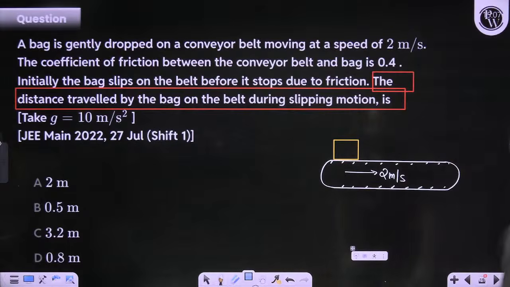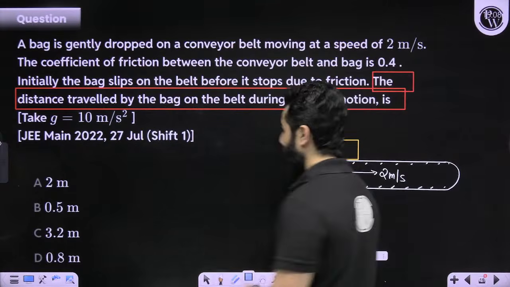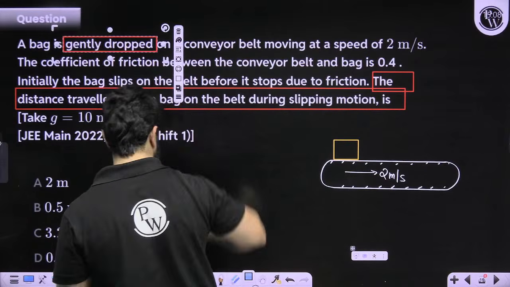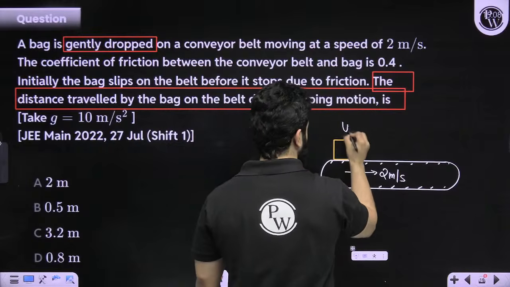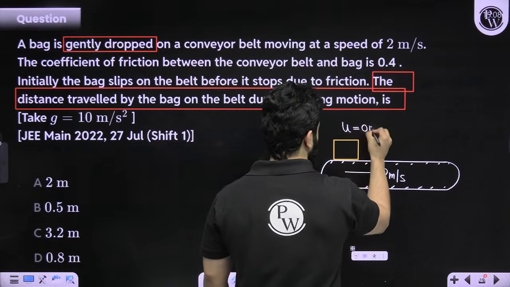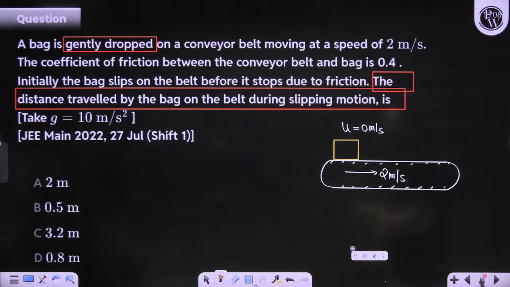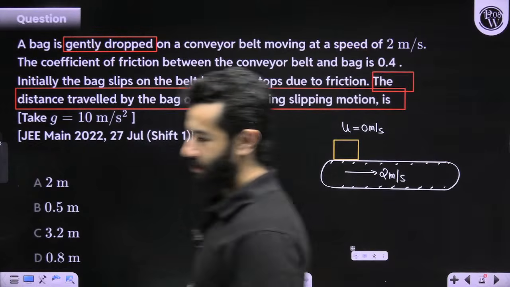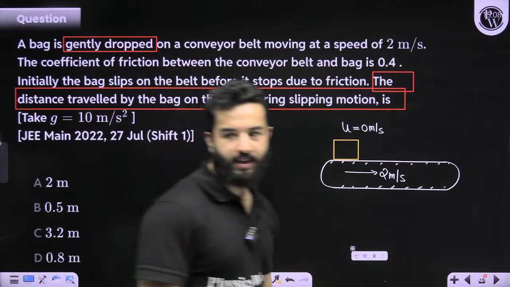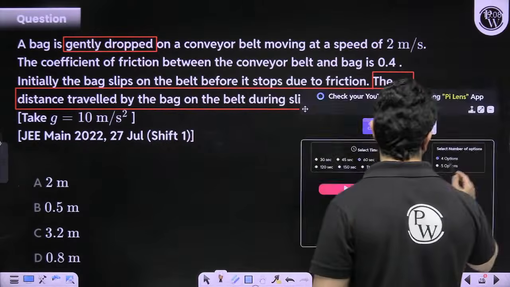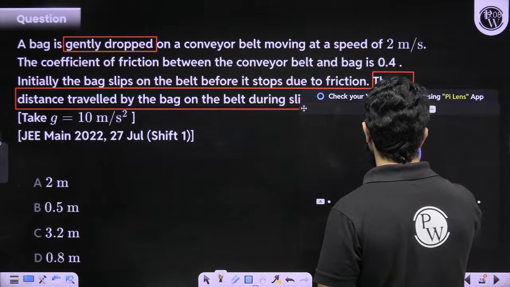Kindly start, and when it is gently dropped, that means at this point initial velocity is 0 meter per second. Be quick. Come on, I'm going to start a poll for this. 90 seconds, let's start.